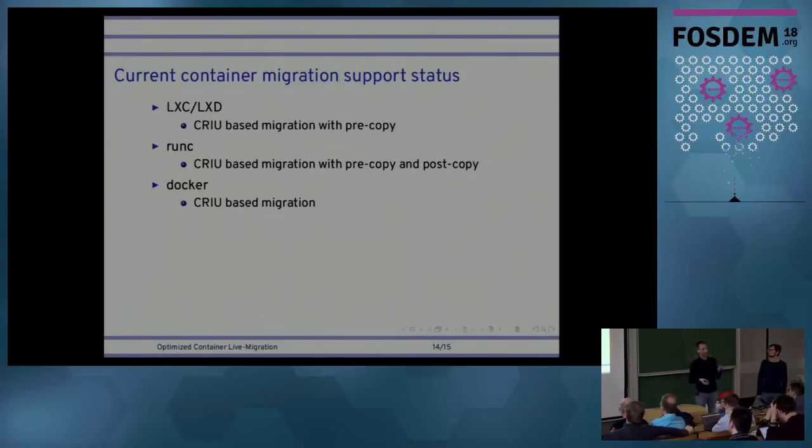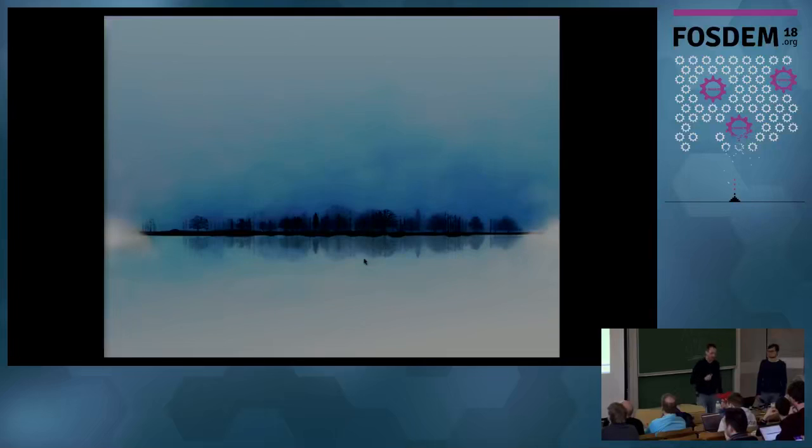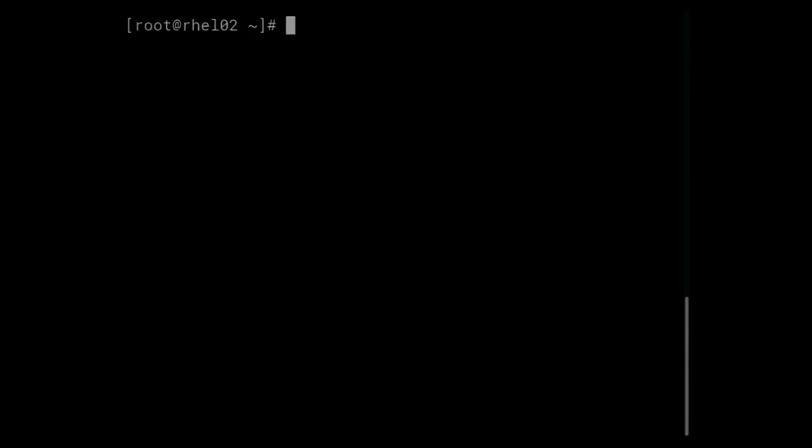RunC has support for pre-copy and post-copy, and a combination of both optimizations to migrate a container. From Docker, I only know they have some support from CRIU for container migration without any optimization, but I've never actually used it.